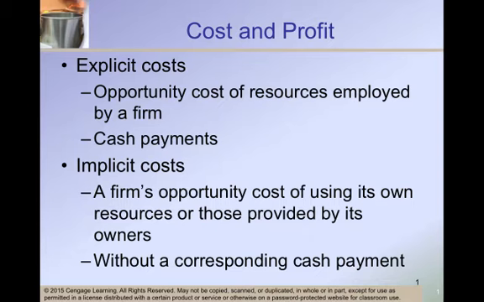But in addition to those, they also have what we call implicit costs. These are the type of costs that don't necessarily have a cash payment, but they're there nonetheless. If you're the owner of a Domino's franchise, you invested in that company. The money you invested in your franchise, you maybe could have invested somewhere else. So you could be making a profit on some other type of investment if you didn't invest in the pizza shop.